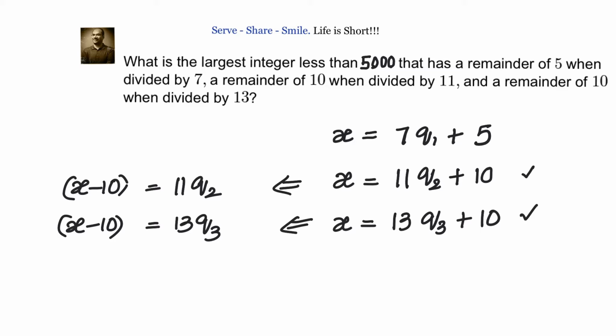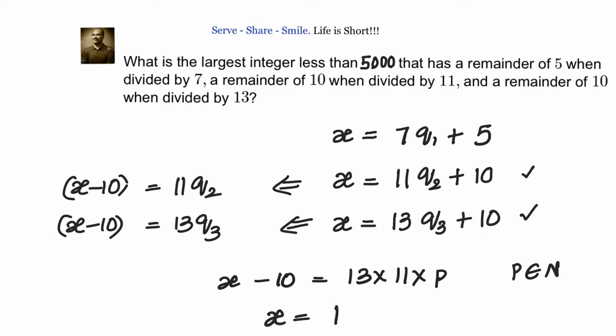So can I say x minus 10 is a multiple of both 13 and 11, multiplied by some natural number p? Or can I say that x equals 143p plus 10?